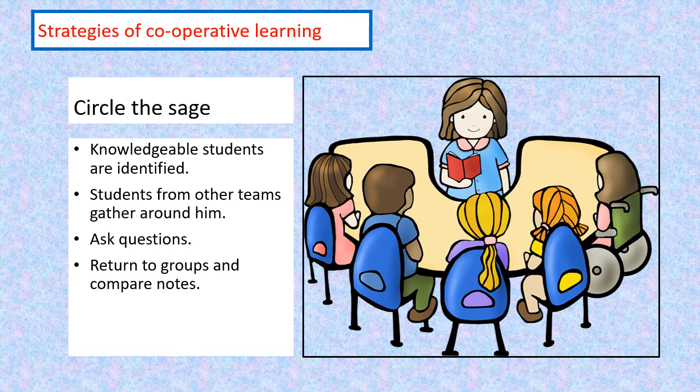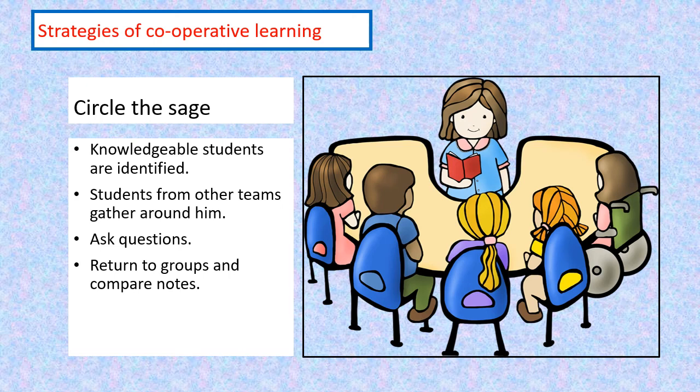The teacher then has the rest of the classmates each surround a sage with no two members of the same team going to the same sage. The sage explains what they know while the classmates listen, ask questions, and take notes. All students then return to their teams.